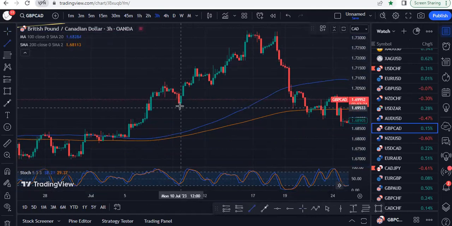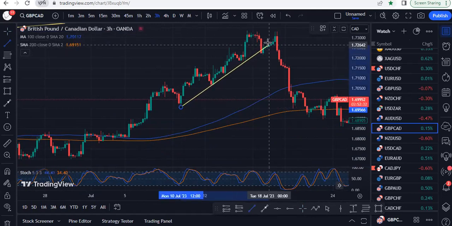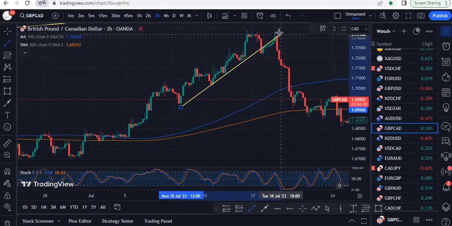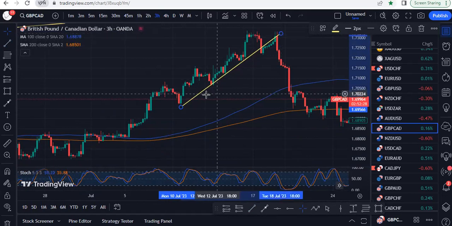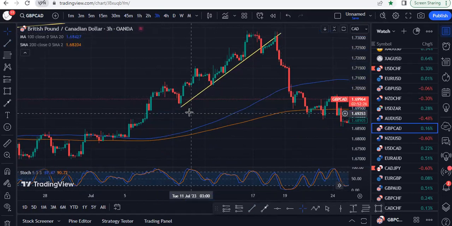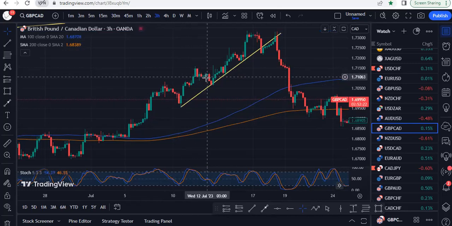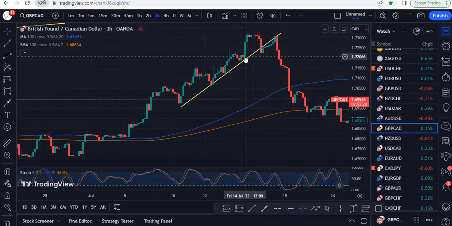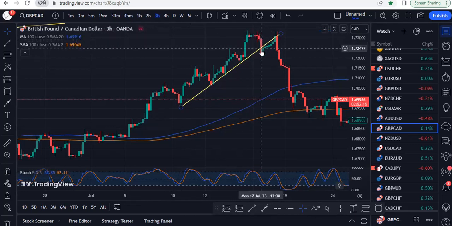Let me just say this is the trend line. This is the trend line, right? Yes. And you can see that the market is touching this trend line and going up, touching it and going up. And now the market is breaking it right here.